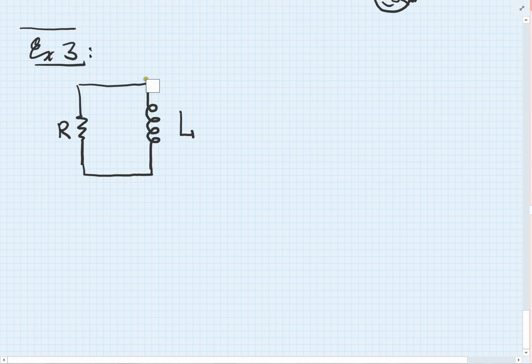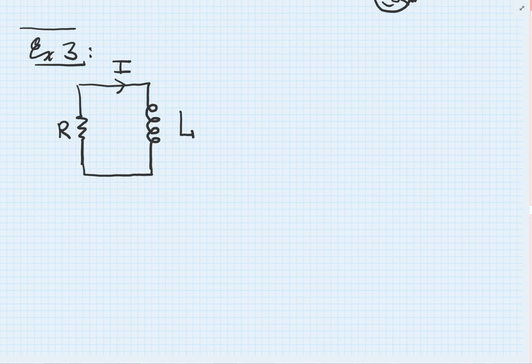And then somehow I throw a switch which brings the power source out of the circuit. But the key thing is that at the initial moment when this circuit is set up, I'm going to have some current I that's actually already flowing through my inductor.